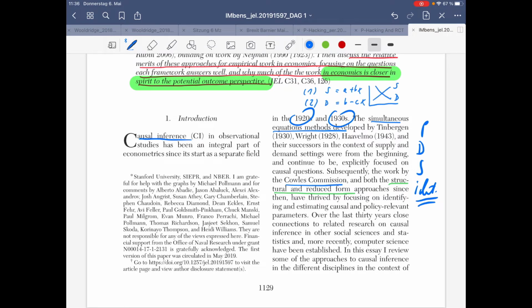So you have two simultaneous equations, one equation for the supply curve, another equation for the demand curve, and the question that has been discussed at that time, by the way, until today.